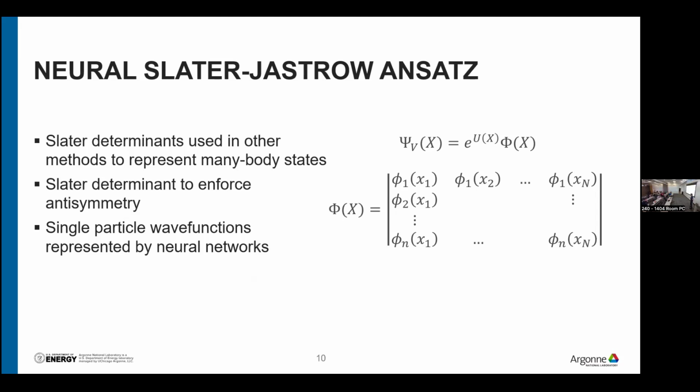Here, all we do to change that is that what we're calling the single particle wave functions are just neural networks, fully deep neural networks that we train with all the other parameters. This is the first construction that we tried, and it works fairly well, but it's not ideal.